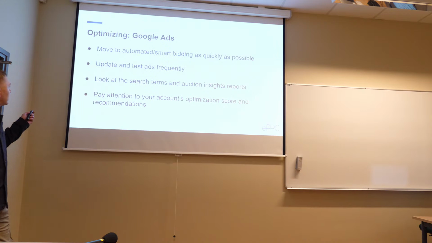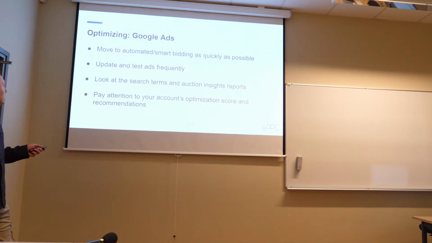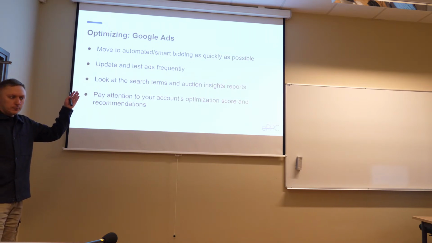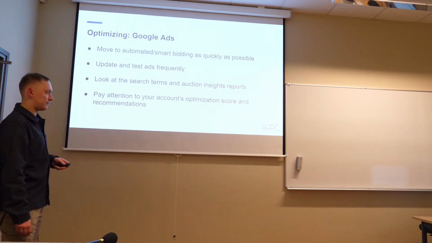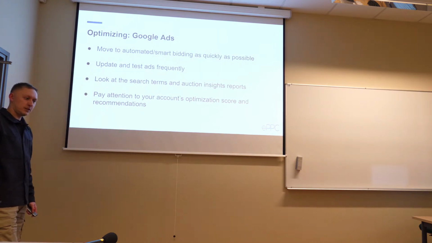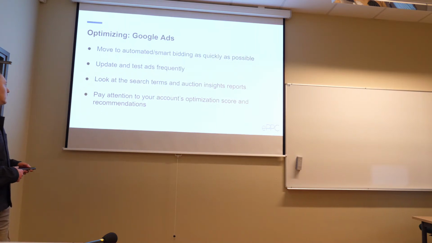I put here 4 topics that I'm going to cover more in depth. You should focus on automated bidding. I'll get into that because it's just better. It uses machine learning, and basically it's better than a human being.